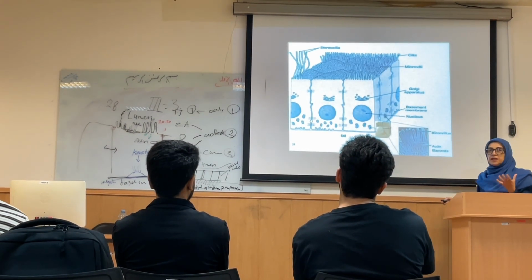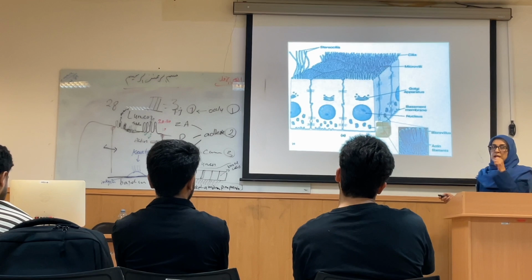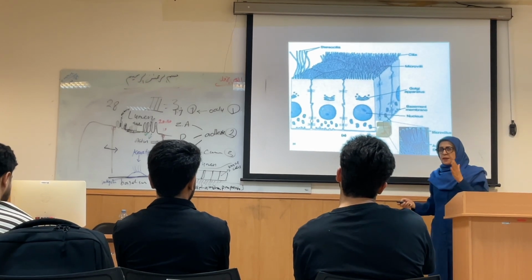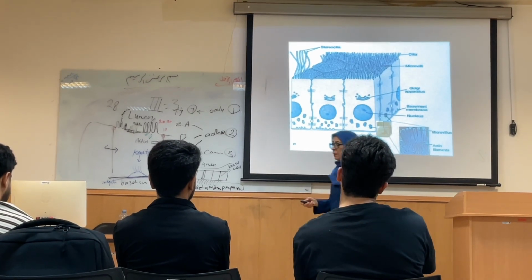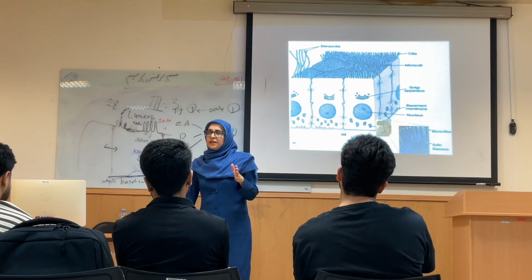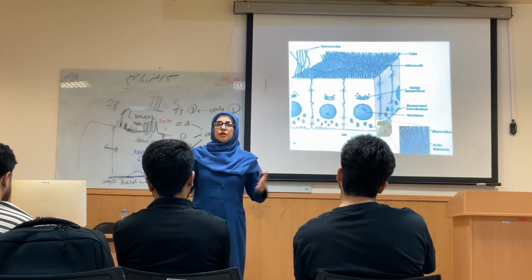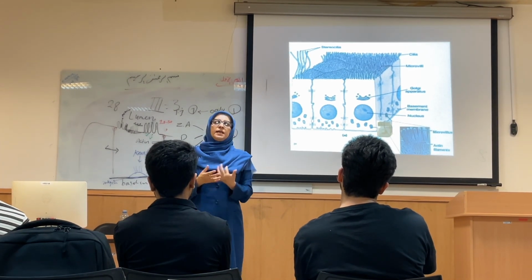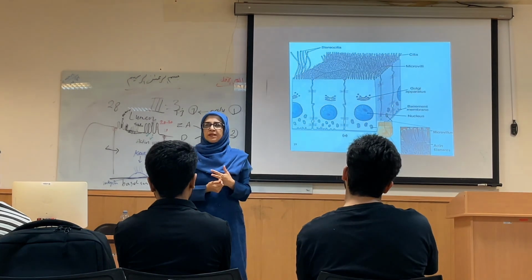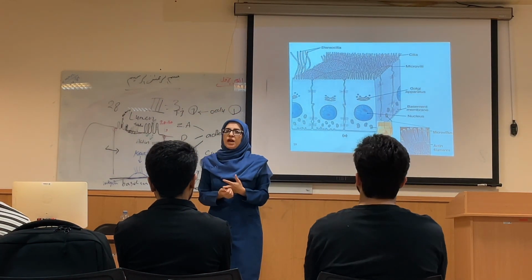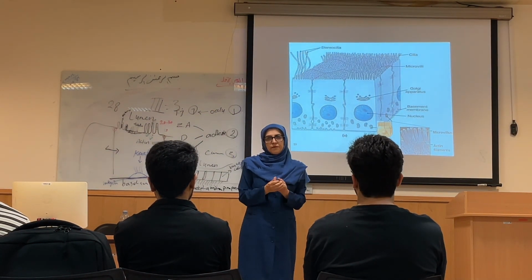These specific characteristics are in the epithelial tissue, but it does not mean that they are not in other tissues. For example, in the nervous tissue and smooth muscle, there are a lot of gap junctions.